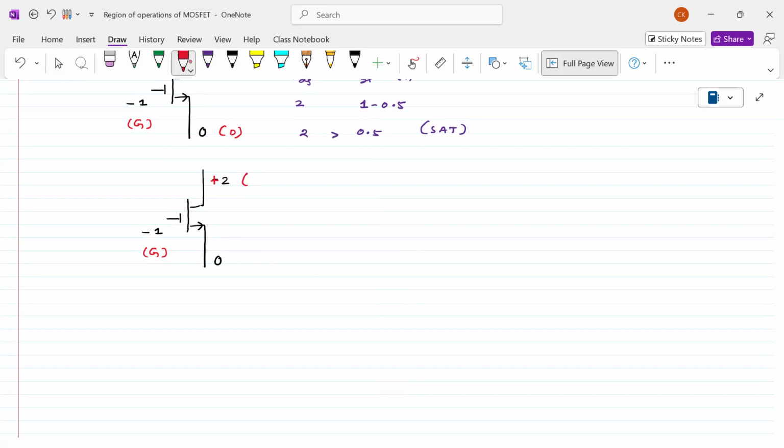Definitely it becomes the drain, and this becomes the source. Now what is the region of operation? Cutoff. Because the source is on the positive side and the gate is on the negative side. Definitely it is in cutoff. Undoubtedly, by looking at that one, we have to say it is in cutoff. Okay. Let's do some PMOS transistors.